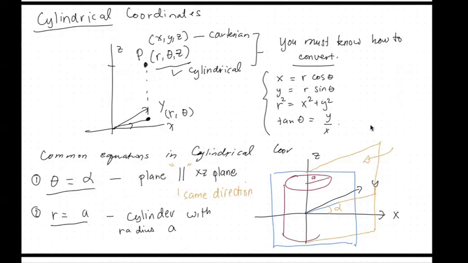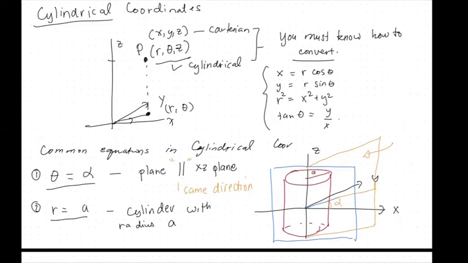Of course, it extends in both directions, upward and downward. So these are the common surfaces in cylindrical coordinates. Okay, let's now go back to what we have discussed last time. For cylindrical coordinates, we will use dV is r dz dr d theta.